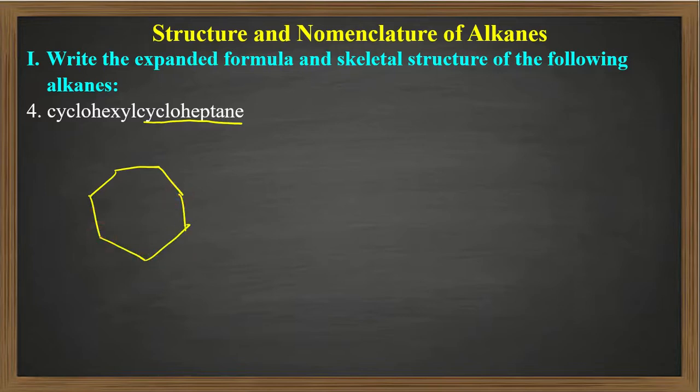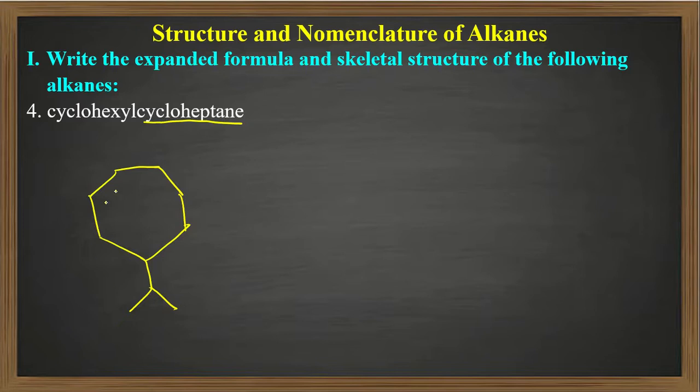Yan, that's cycloheptane. And then cyclohexyl, no, pwede, bisan asa na to ibutang si cyclohexyl, pwede na to ibutang diri si cyclohexyl. Okay, this is monosubstituted man nga kini ang cycloalkane, so there's no need for us to put 1 cyclohexyl sa name. Okay, monosubstituted man siya.